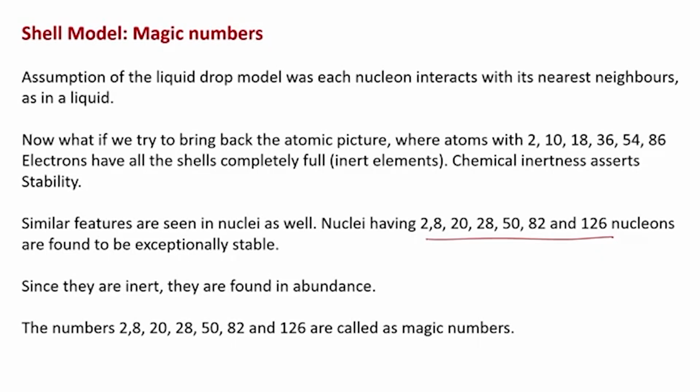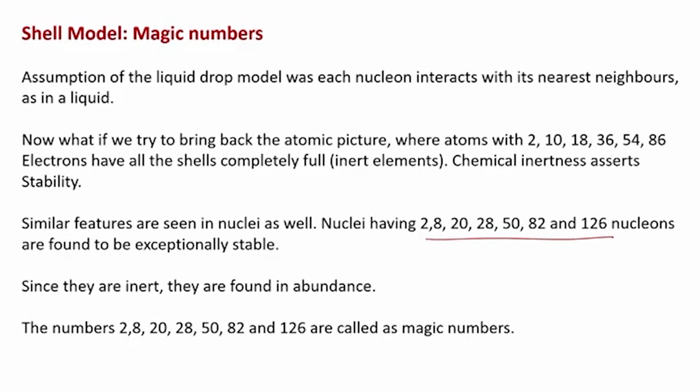When we say inert, we mean that they do not interact with any other element to make a compound. They do not take part in any kind of chemical reaction, and that is why they are called inert.